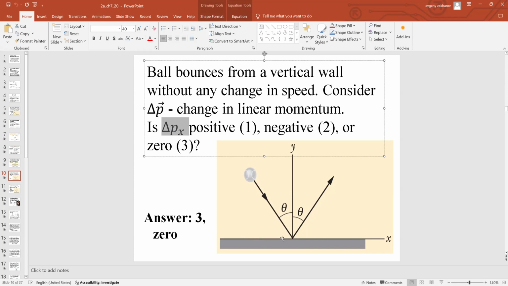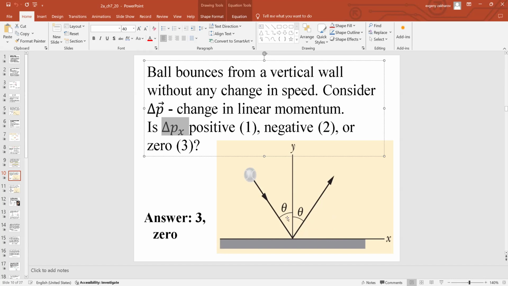You have a rightward component for the momentum right here. And after the collision, that's the direction for momentum. You can see that onto x, you have the same amount, same component. And that's why the change is 0. You don't have any changes onto x-axis.